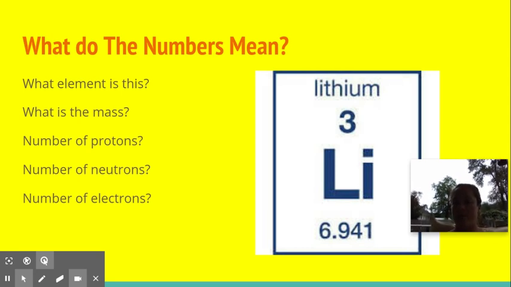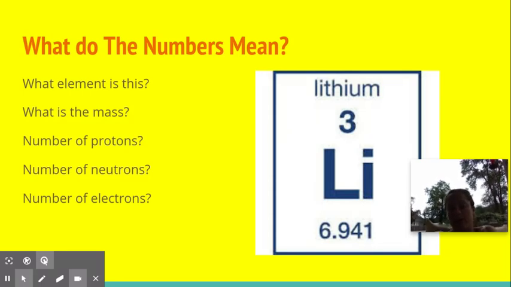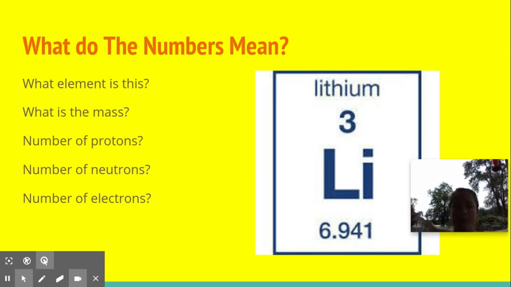They can move from atom to atom. So in a stable atom, we're going to say that electrons are the same number as protons, but we will learn about isotopes and ions and how electrons and neutrons change for some atoms.